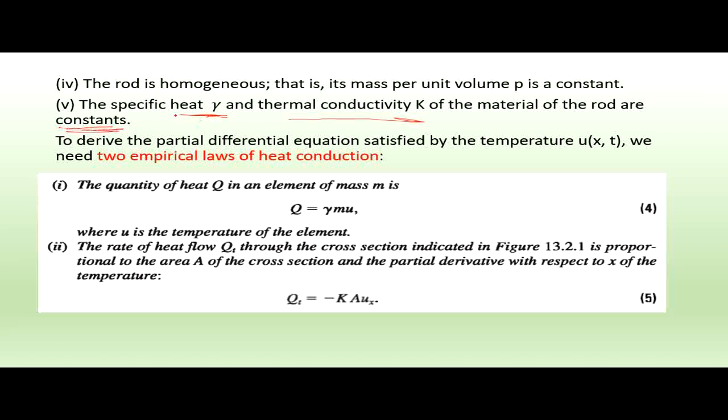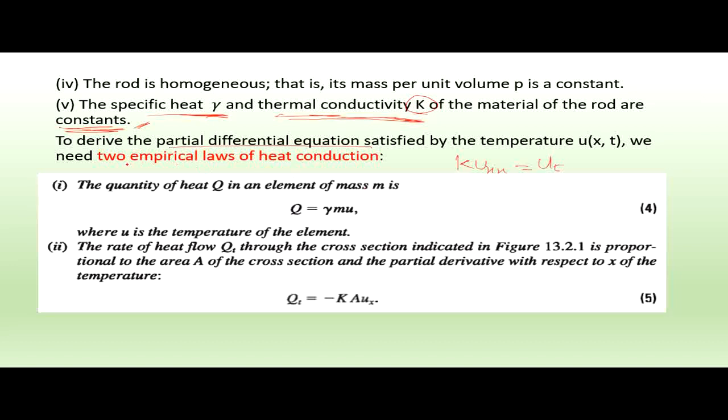So specific heat gamma and thermal conductivity of the rod should be constant and should be known. To derive the partial differential equation for the one-dimensional heat equation, which is, we know, small k times Uxx, this is small k, this is capital K, that is different, right? Uxx is equal to Ut.